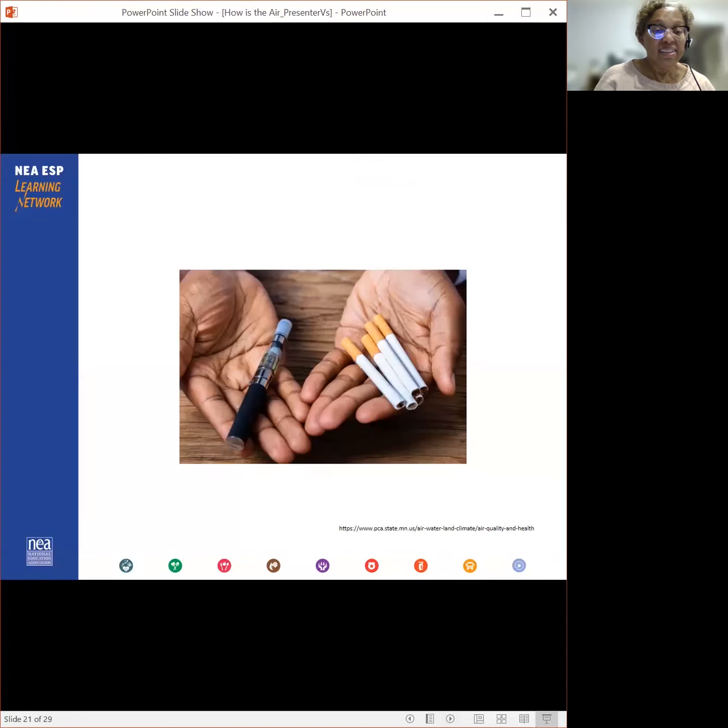Next slide. As you can see in this image, there are cigarettes and one of the vape pens. Vape pens have evolved into looking like toys and candy and everything else. But we know that smoking is still very concerning, and so many people have now turned to vapes.